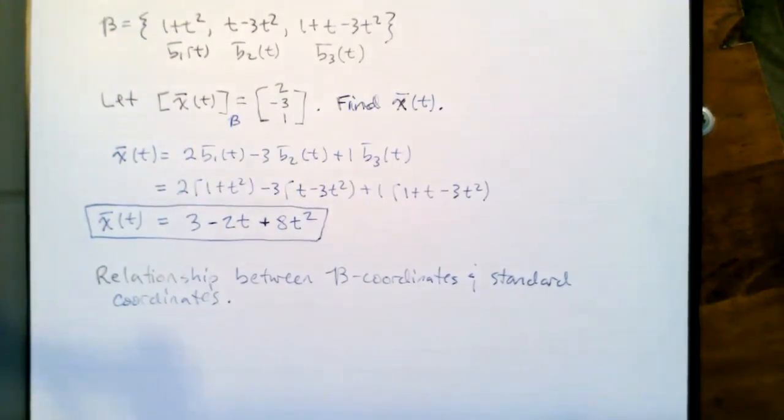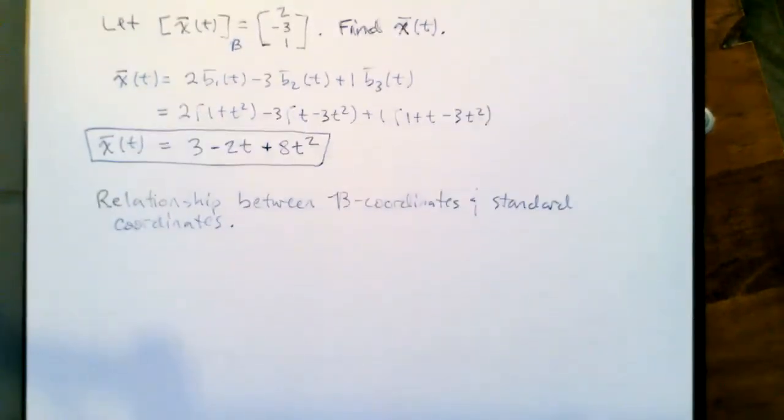So we need to look at the relationship between B coordinates and standard coordinates. So I'm just going to write it down.